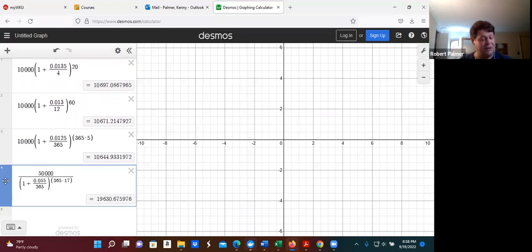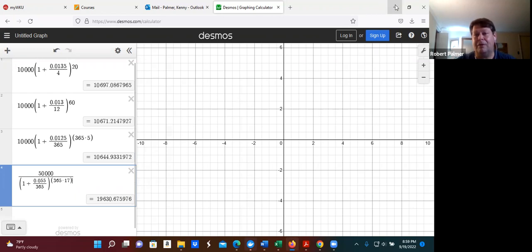And so what that tells us is the amount we're going to need to start with right now under those conditions is $19,630.68, rounded to the nearest cent. That's approximately 20% of the $50,000 we're going to need to start with, once again, for that interest rate and for that time period.